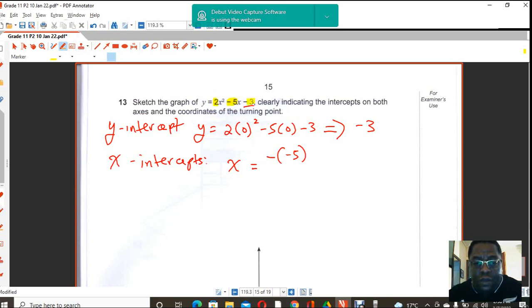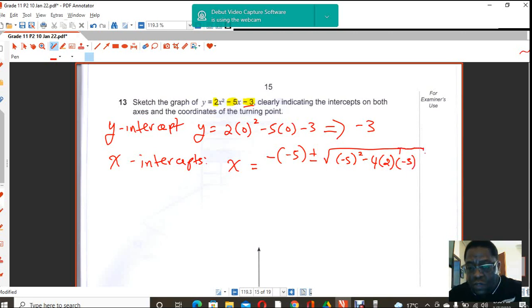That's a, that's c. You with me? So minus b plus or minus the square root of minus 5 squared minus 4 times a, in this case a is 2, times c, which is negative 3, all over 2 times a.